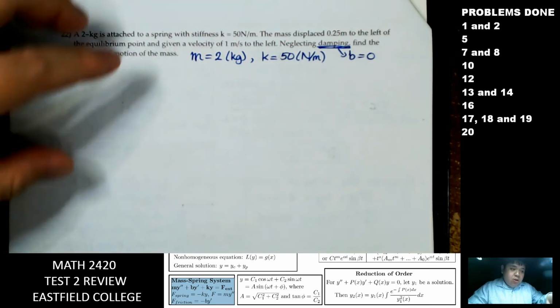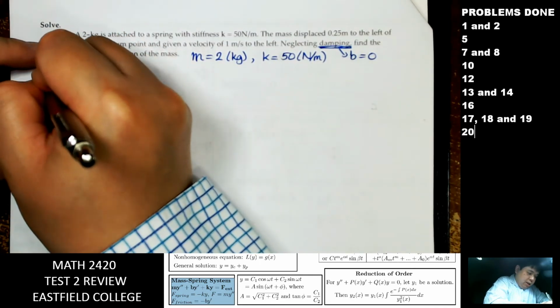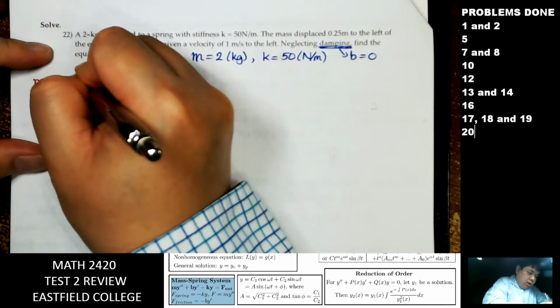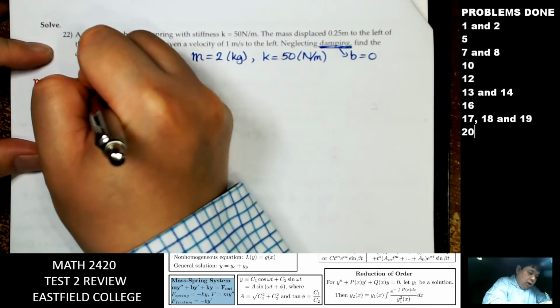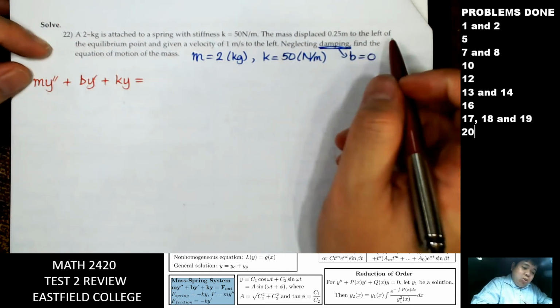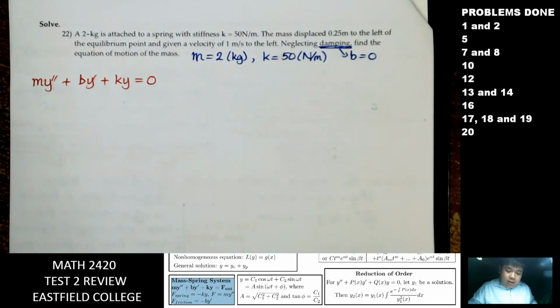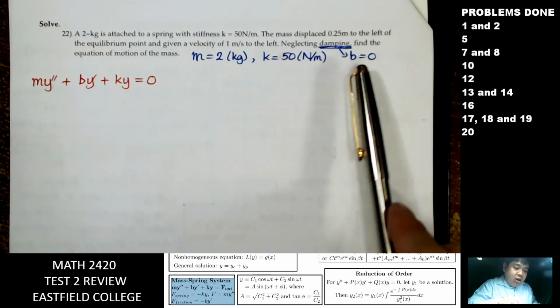Find the equation of motion. So we have m times the second derivative plus b times the first derivative plus ky equal to 0, because this one has no external force. Now we have the coefficients.